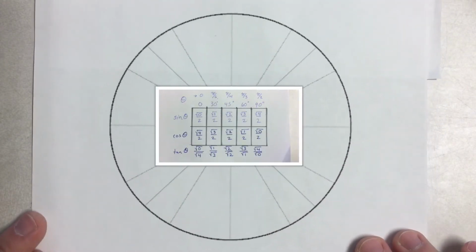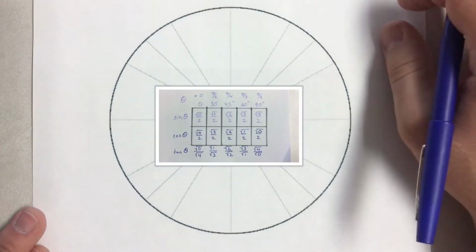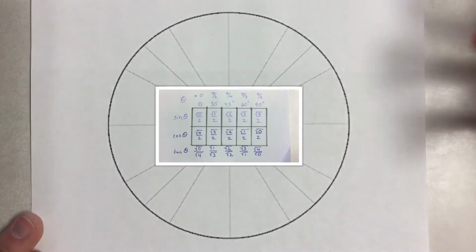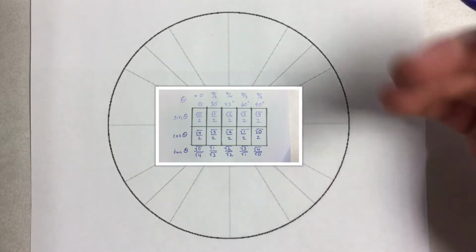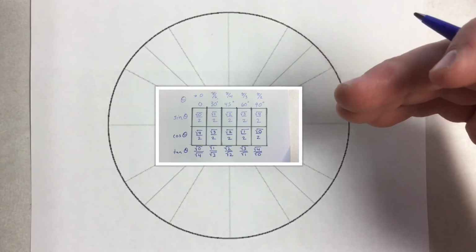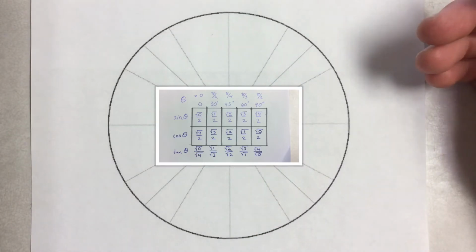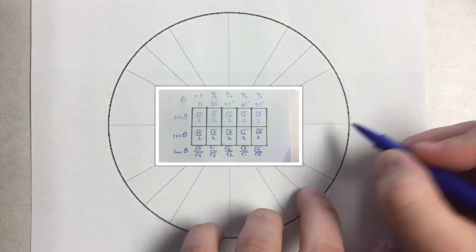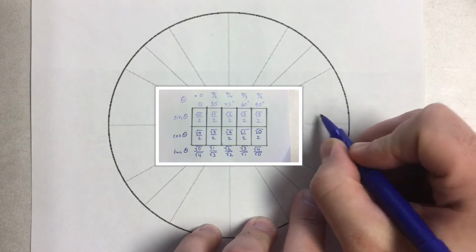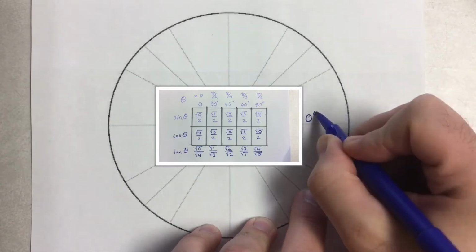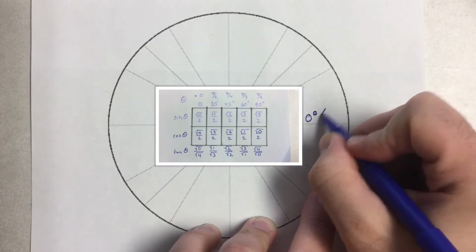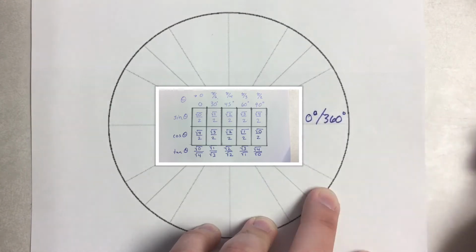So what a unit circle is, it is a visual that helps us know the trig values between 0 and 360 at certain angle measures. So we began by looking at 0 degrees, which we're going to also say is 360, we know that.